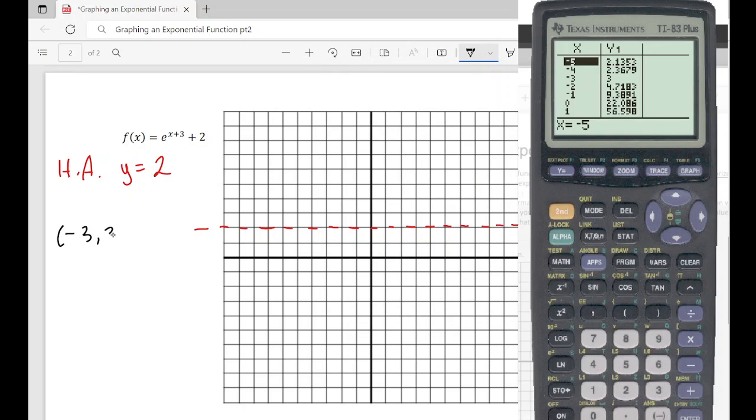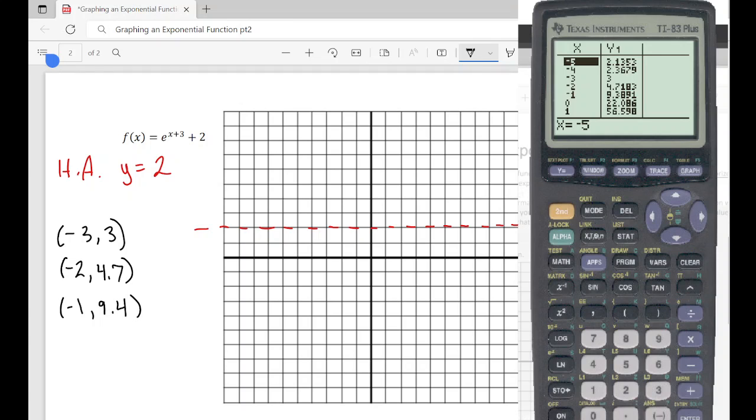And then the next one is going to be negative 2, and it's going to be a decimal. I'll say it's 4.7. I'm rounding to 1 decimal just because I'm not going to be able to graph any more accurately than that. And even at that, it's going to be kind of hit or miss. And then I'll do negative 1 and 9.4.